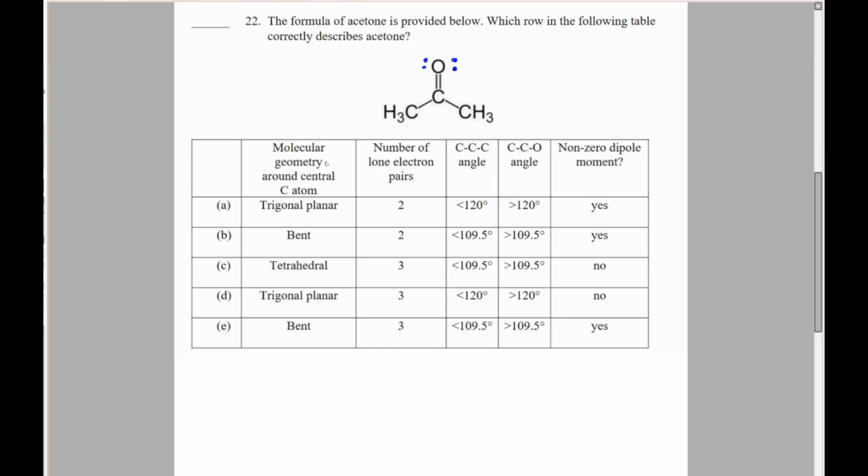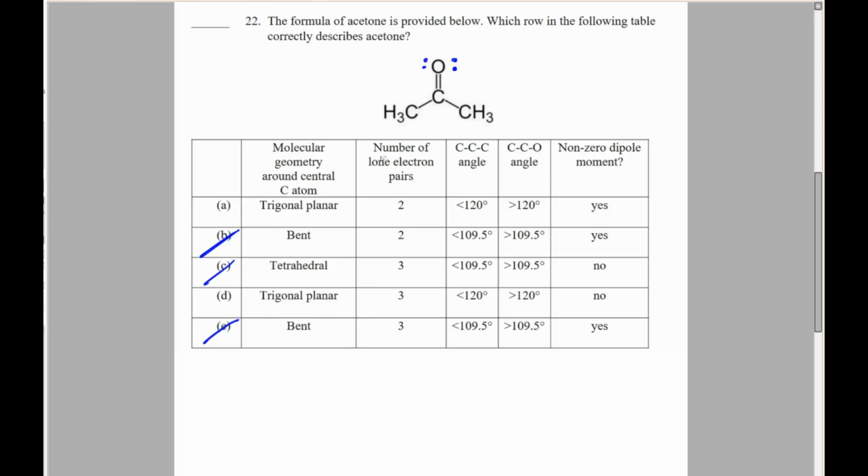So starting from the left side of this table, we can figure out the molecular geometry around the central carbon atom. Because this carbon atom doesn't have any lone pairs, and it just has these 3 bonding electron groups, it's going to be trigonal planar. So we already know that the answer cannot be B, C, or E. So between A and D is the answer.